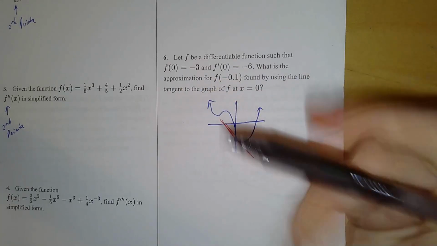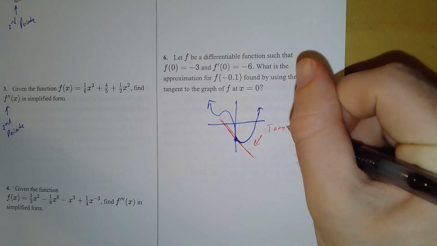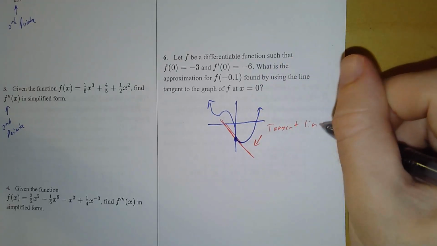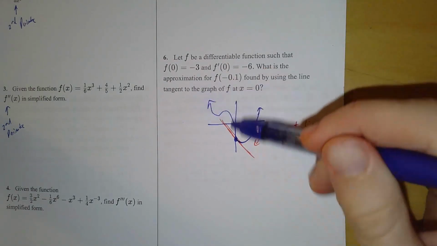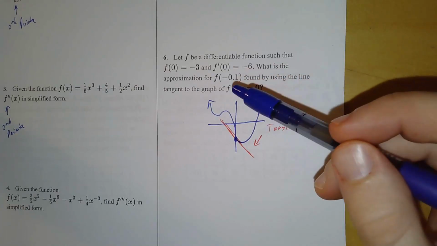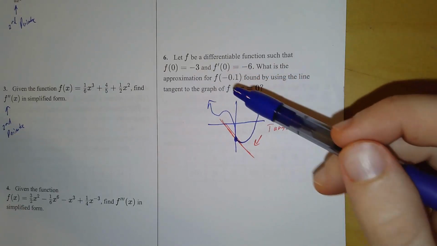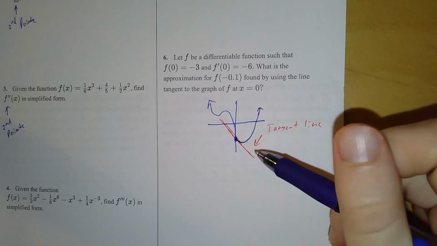So this right here in red, that's the tangent line, right? So what this is basically saying is, I don't know what it's doing all over here, but I can estimate what the value of the function is at this point, -0.1, by using this red line.